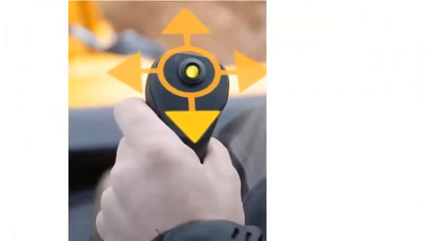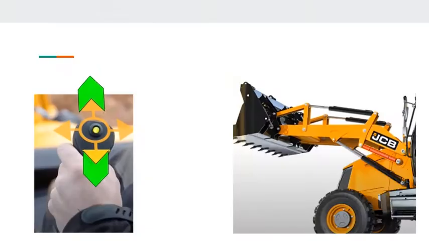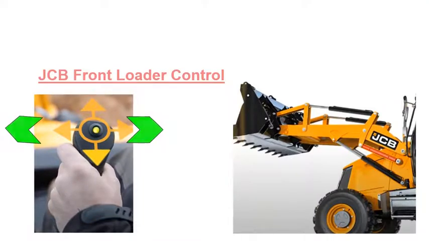These two cylinders are actuated by means of a control lever inside the operator cabin. Operating this dual control lever vertically, the first cylinder is actuated and the bucket moves up and down. And the horizontal movement of the lever actuates the second cylinder, which controls the front bucket angle. Let us look at it.